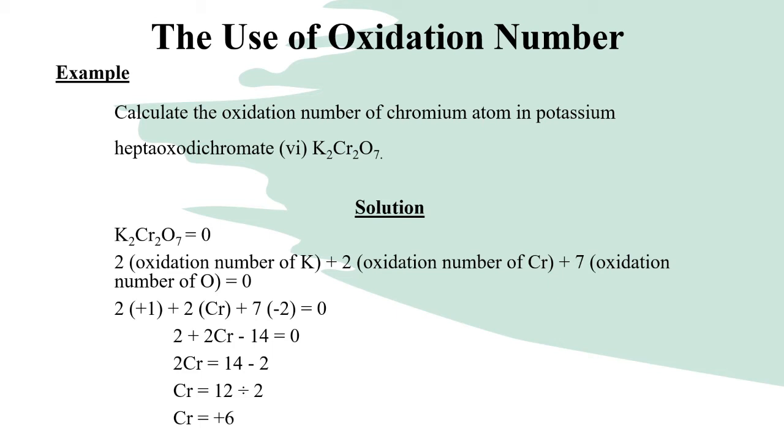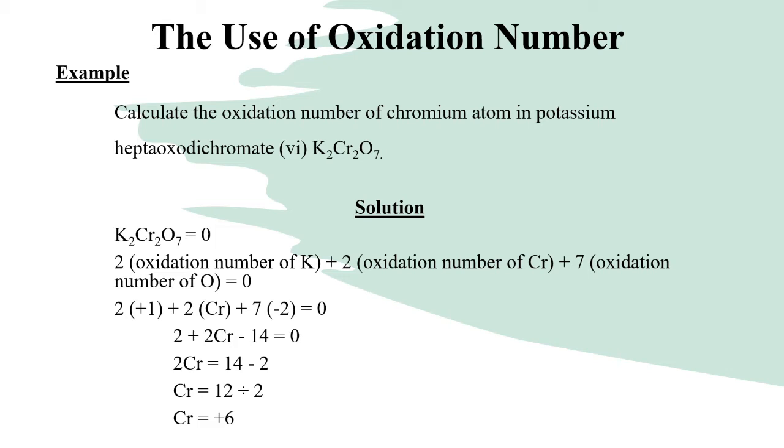For example, calculate the oxidation number of the chromium atom in potassium heptaoxodichromate(VI). So, solution: we have 2 moles of potassium plus 2 moles of chromium plus 7 moles of oxygen.